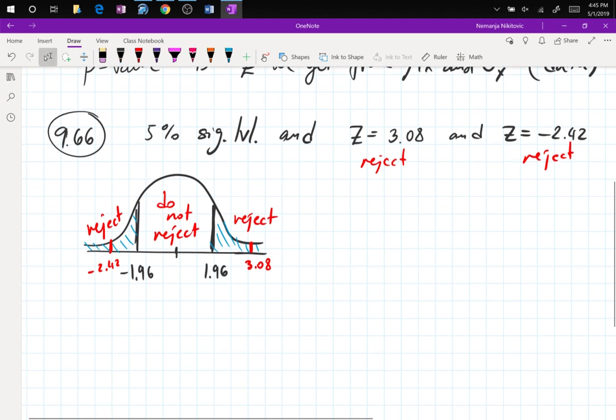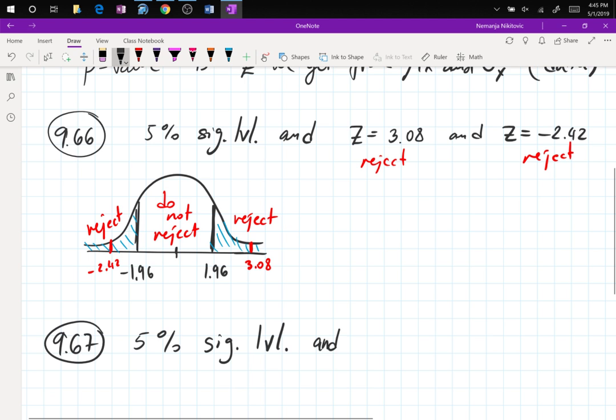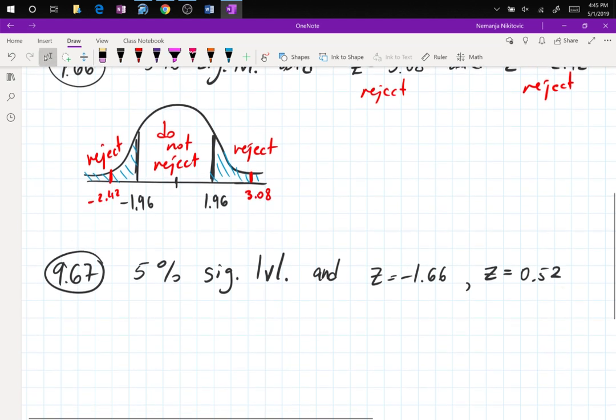The next problem, 9.67, is asking again for a 5% significance level and gives you the z-scores of negative 1.66 and 0.52. It's the same picture because it's the same significance level.